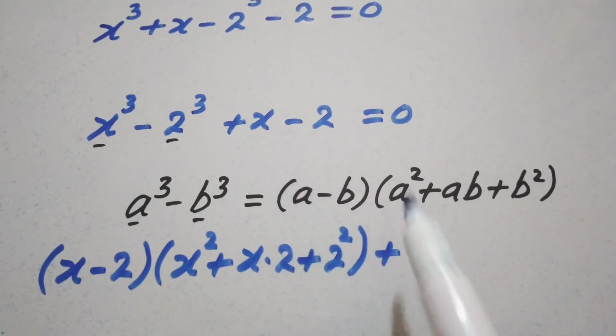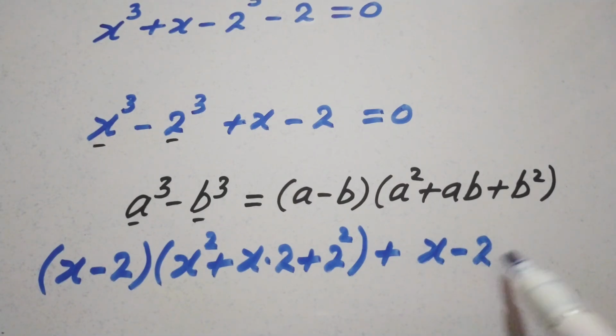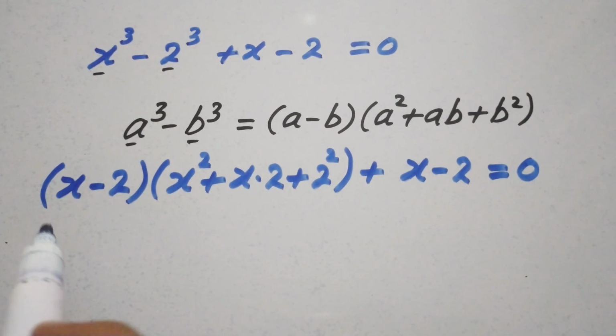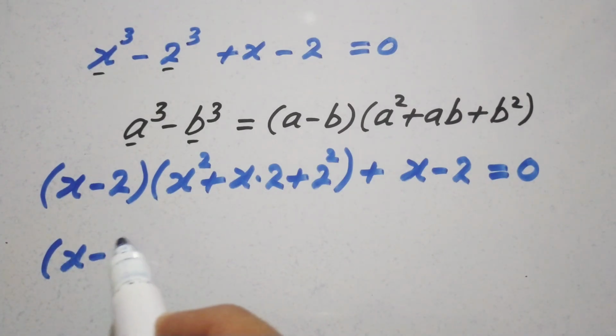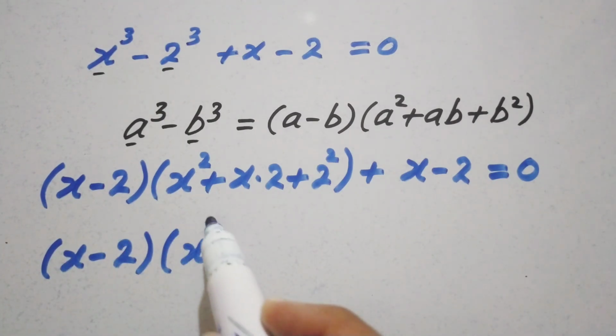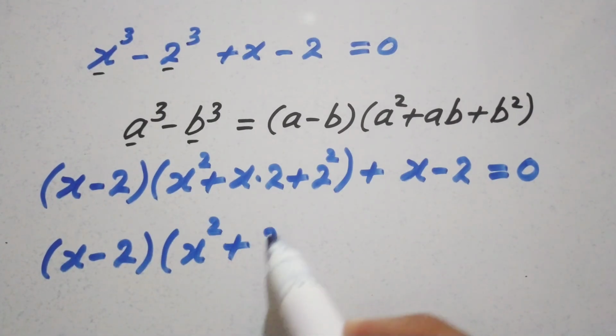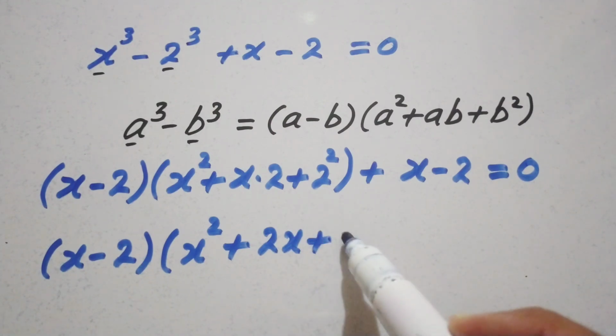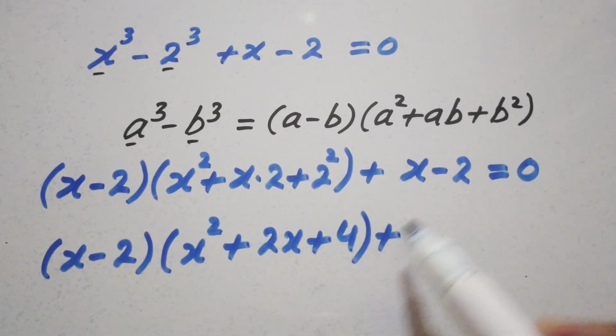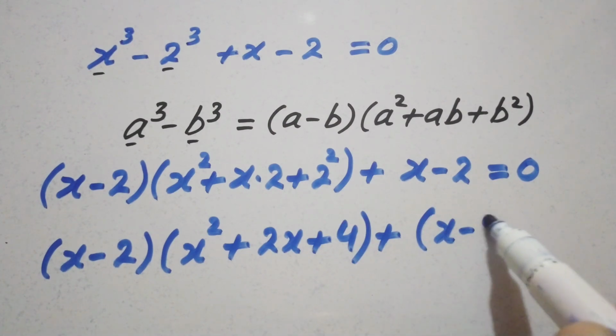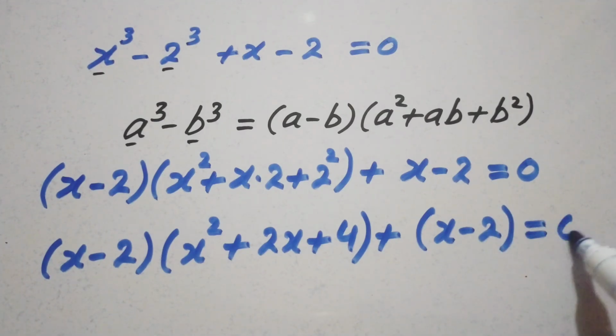plus x minus 2, and this whole thing is equal to 0. Now this will become x minus 2 into x squared plus 2x plus 2 squared, which is 4, plus x minus 2 as it is. This is equal to 0.